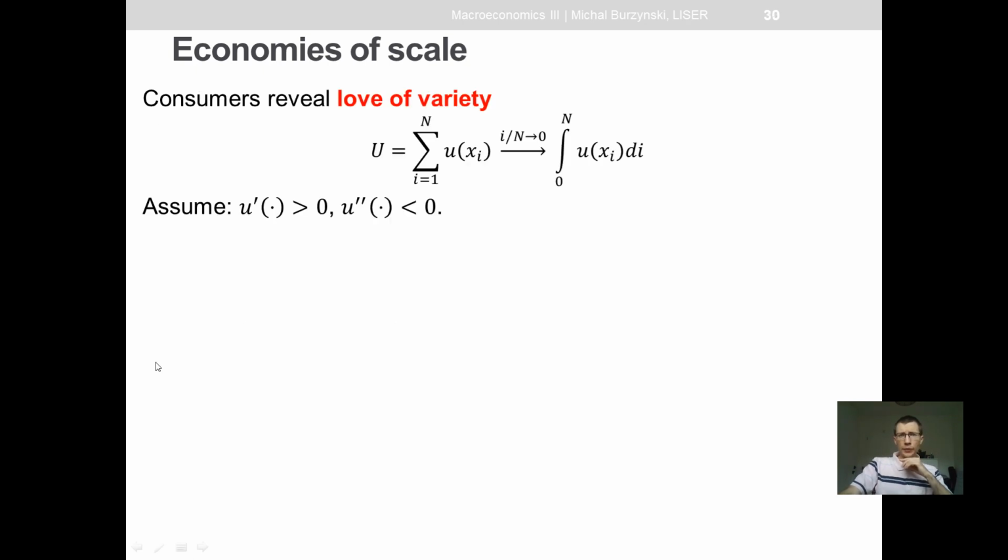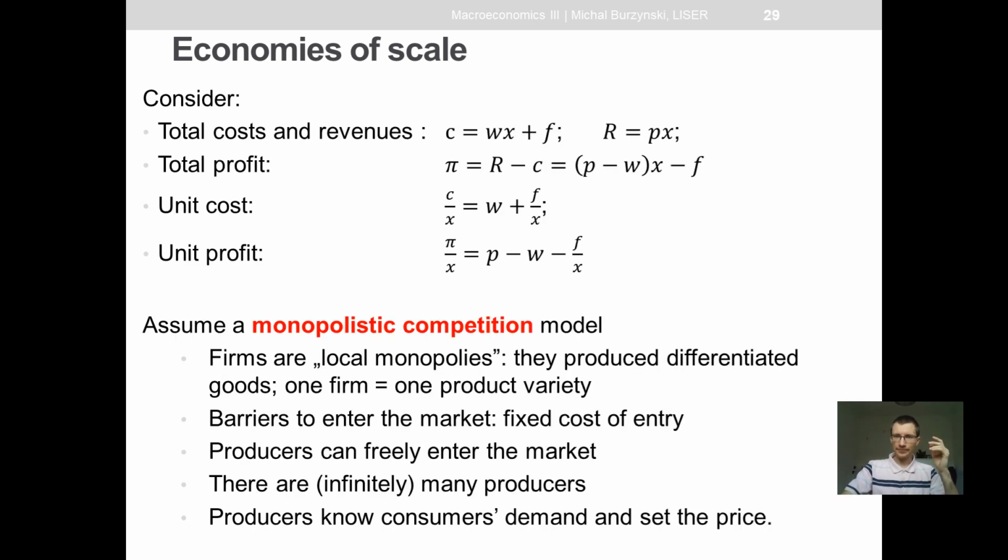Okay, so now we are going to write down the equations of Krugman's model, which is a simple monopolistic competition model. One of the important innovations of the Krugman model is formalizing this first bullet point we have over here, the fact that firms are local monopolies and the products are differentiated.